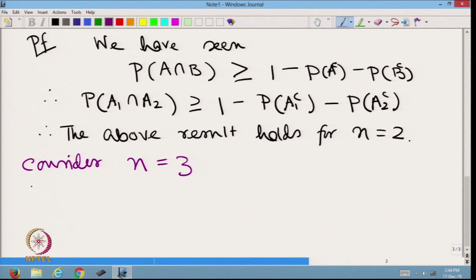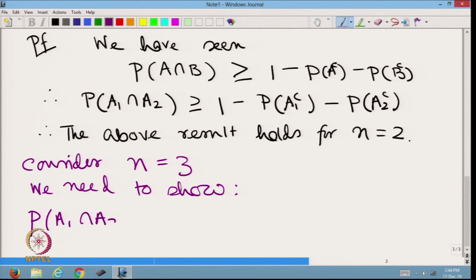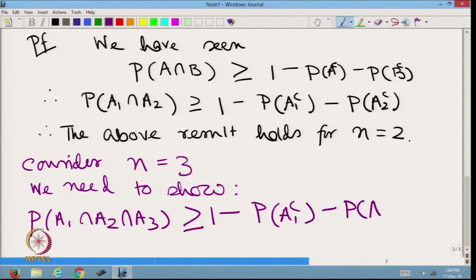Therefore, we need to show probability of A1 intersection A2 intersection A3 is greater than or equal to 1 minus probability A1 complement minus probability A2 complement minus probability A3 complement.